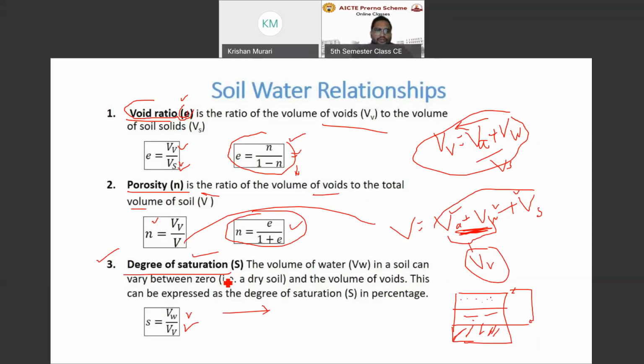The volume of water in a soil varies from zero, when the soil is dry, up to the volume of voids. This is the degree of saturation. So simply remember that degree of saturation is the percentage of water in the voids only, and mathematically it is the ratio of the volume of water to the volume of voids.